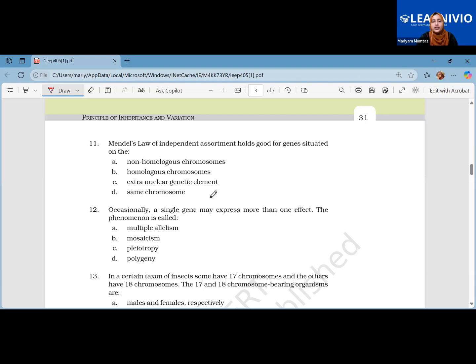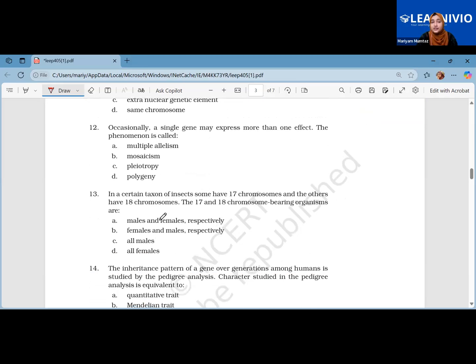Okay. Occasionally, a gene may express more than one effect. What is this called? One gene, many effects. What is this phenomenon known as? Pleiotropy. Very good.